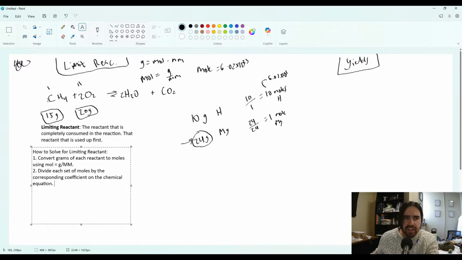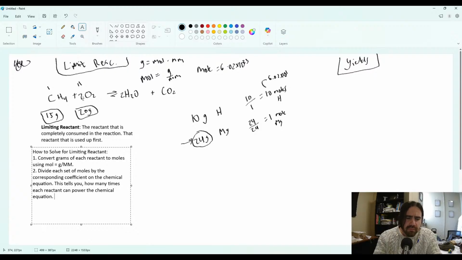Okay, the coefficient for CH4 is 1. Similarly, when I figure out how many moles of oxygen there are, I'm going to take the moles of oxygen and divide it by the corresponding coefficient of oxygen, which is in this case 2. So this tells you how many times each reactant can power the chemical equation.